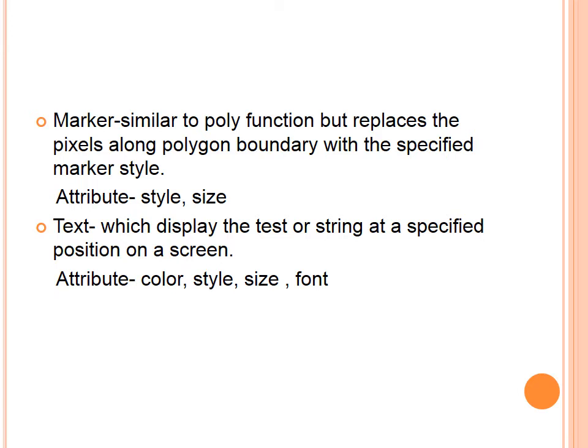Size is any number like 20, 40, 24, and font like Times, Calibri, etc. Taking an example of MS Office, in MS Office we can take a text and give any color, style, font. Same like here also we can change the text attributes.